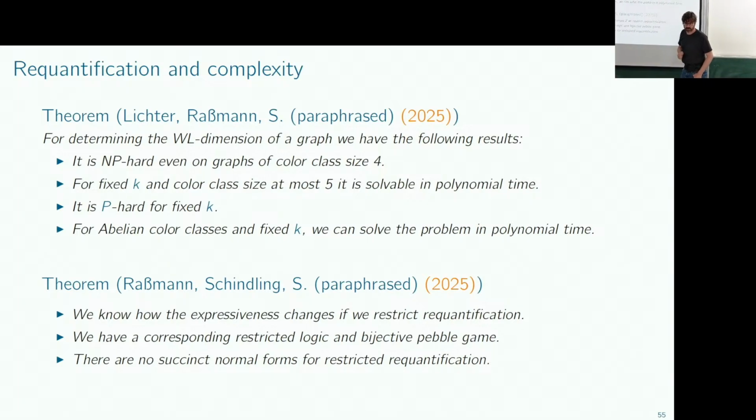Sorry, what does color class size here mean? It means if you start with a colored graph, and there's at most 4 red ones, 4 blue ones, 4 green ones, then you know that they must be within each other. And that's a particular graph class that appears as subclasses in these algorithms, and usually they're easier. So for these kinds of graphs, isomorphism problems are easier, but for the WL dimension, they're not easier.